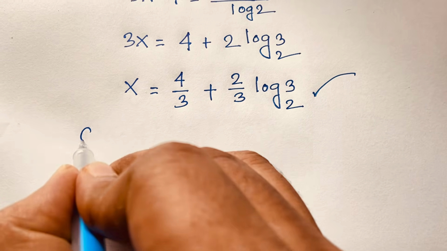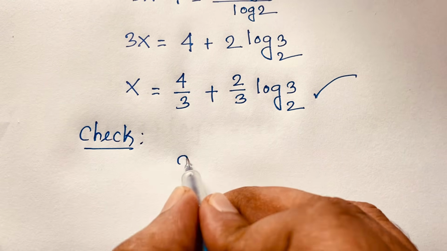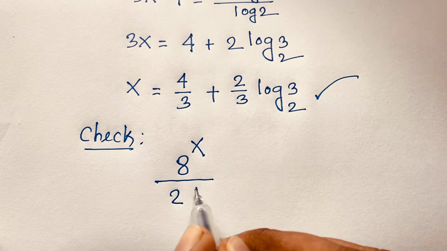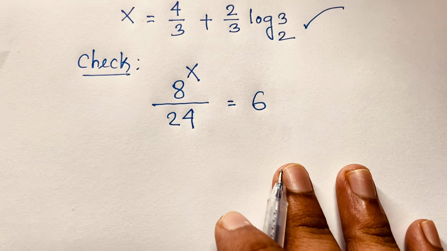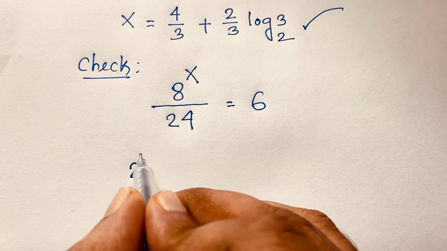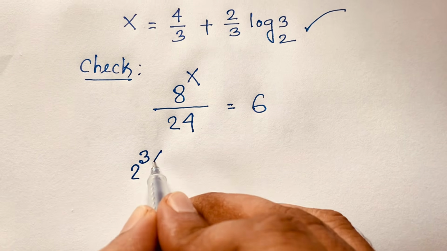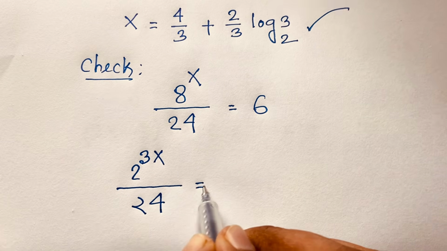Now let's verify, or let's check our question, which is 8 to the power x over 24 is equal to 6. This is our question. But 8, we know, is 2 to the power 3, and here is x. I take this x here over 24, which is 6.